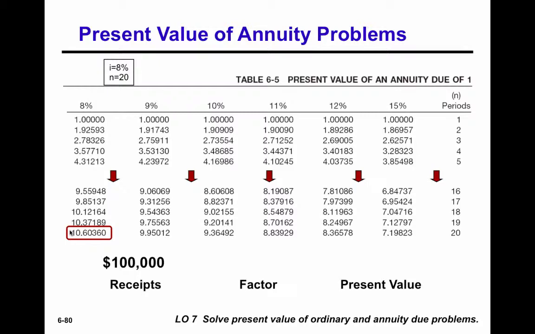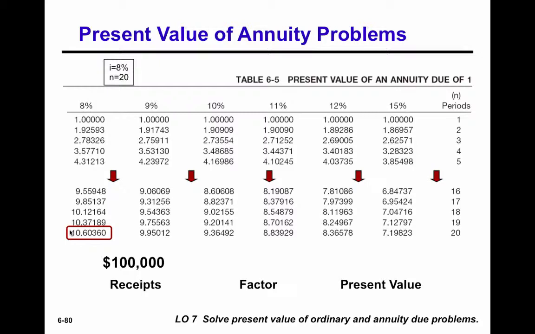So in your table, what you can do is look up the present value of an annuity factor for 19 periods at the 8% rate. For 20 periods it's 9.81, but for 19 periods it's 9.6036.